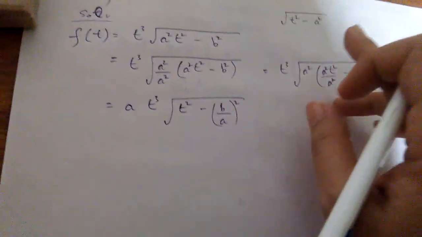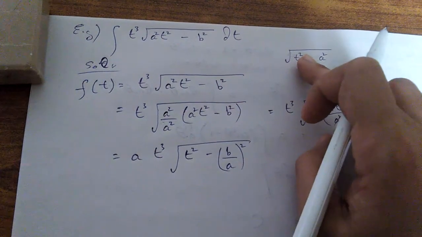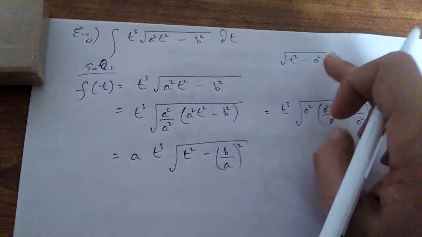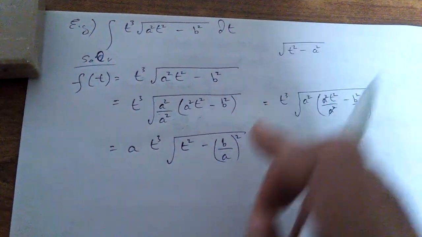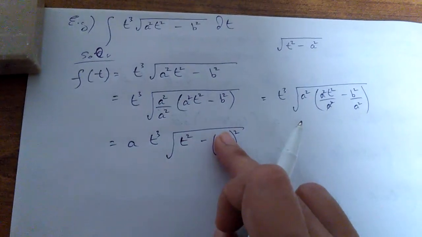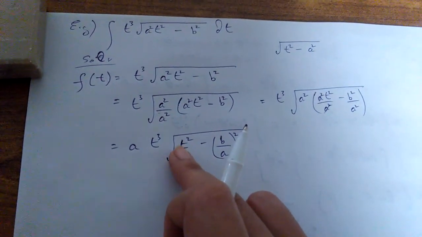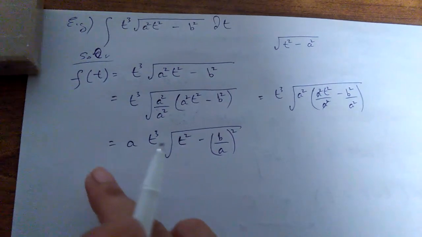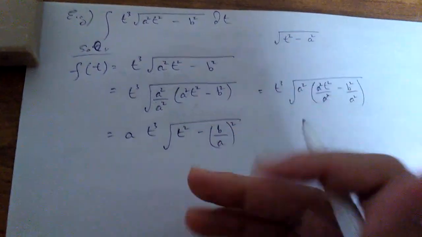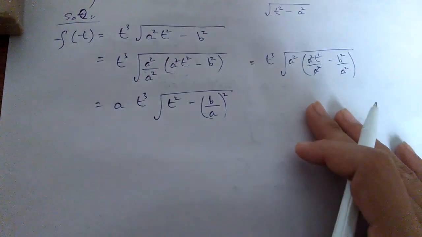Now you are having exactly a format following this type over here. This is a constant, and this is your variable, and it is alone, having one coefficient. So now we have the available type, and we can now apply the substitution.